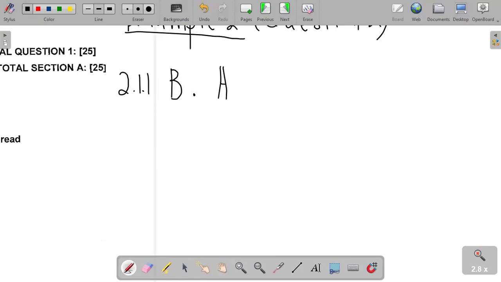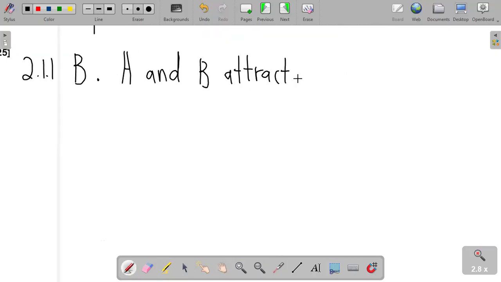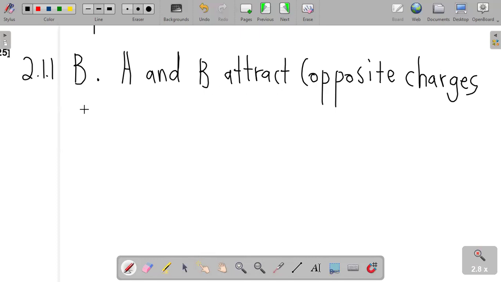Then you can say A and B attract, so opposite charges attract each other.